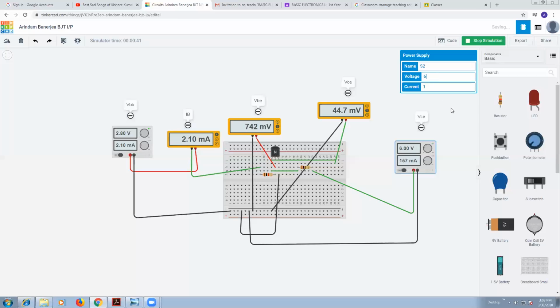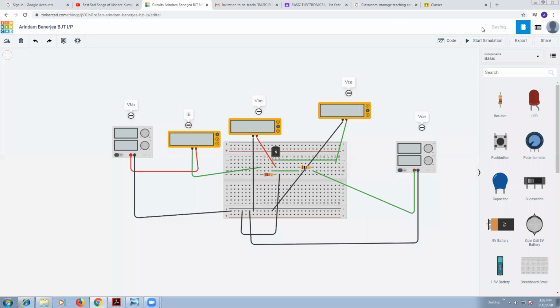Then first stop the simulation. Zero, and the current should be 1, and here first set it to 6, then save, then we have to start the simulation.